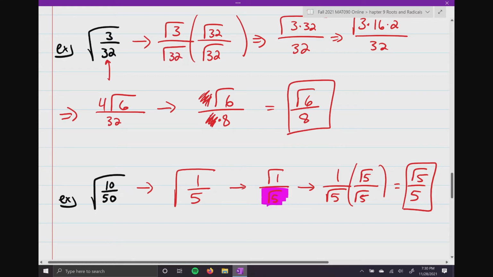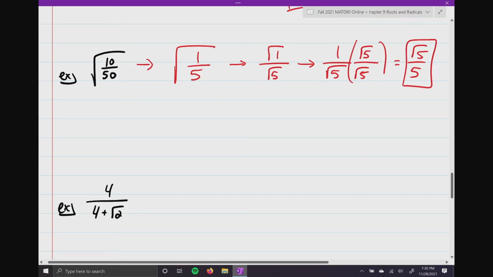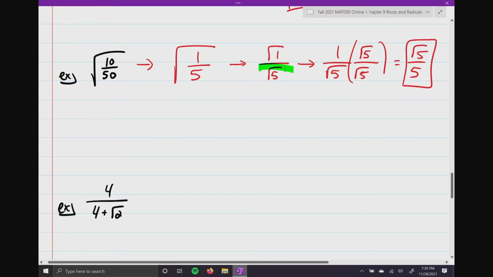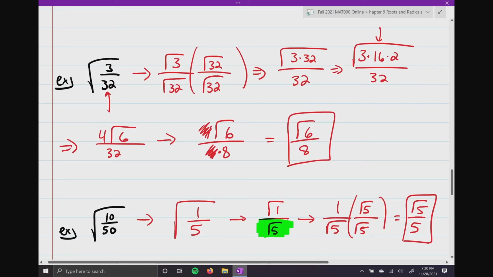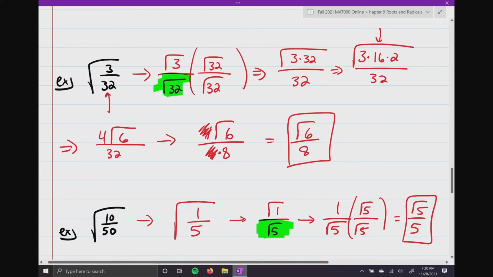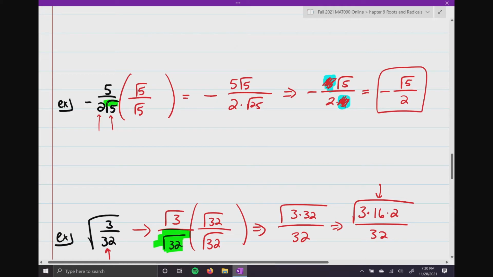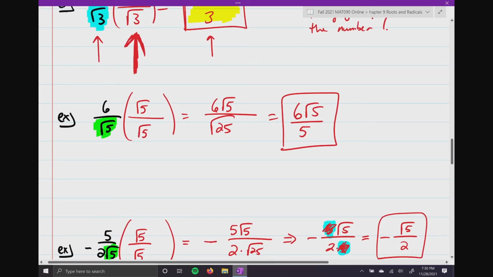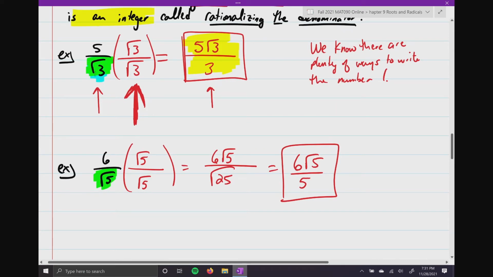Let's use a different color. I'm sorry about that. Let's do the green. I guess that's all right. So there is the one radical. Here is the one radical. There is the one radical. Here is our one radical. And even up above, we just had one radical.